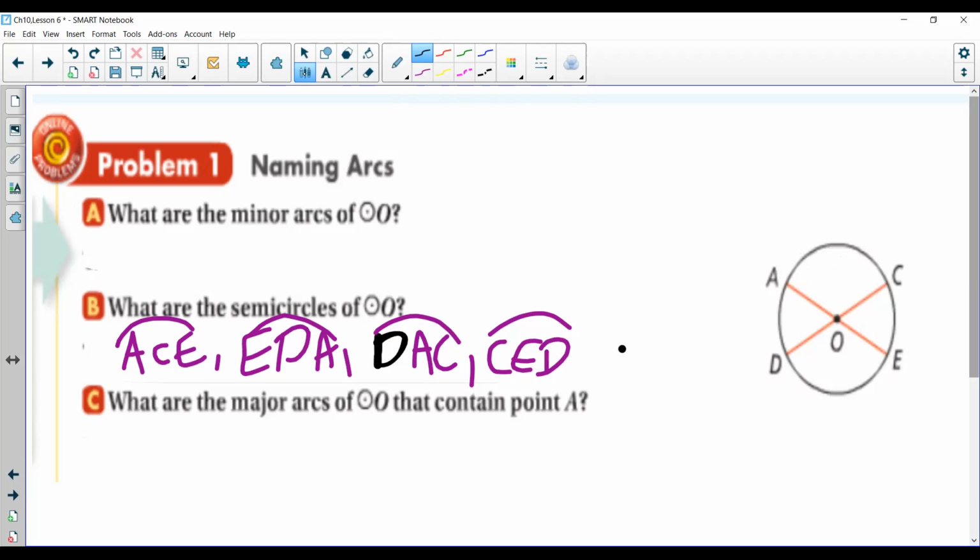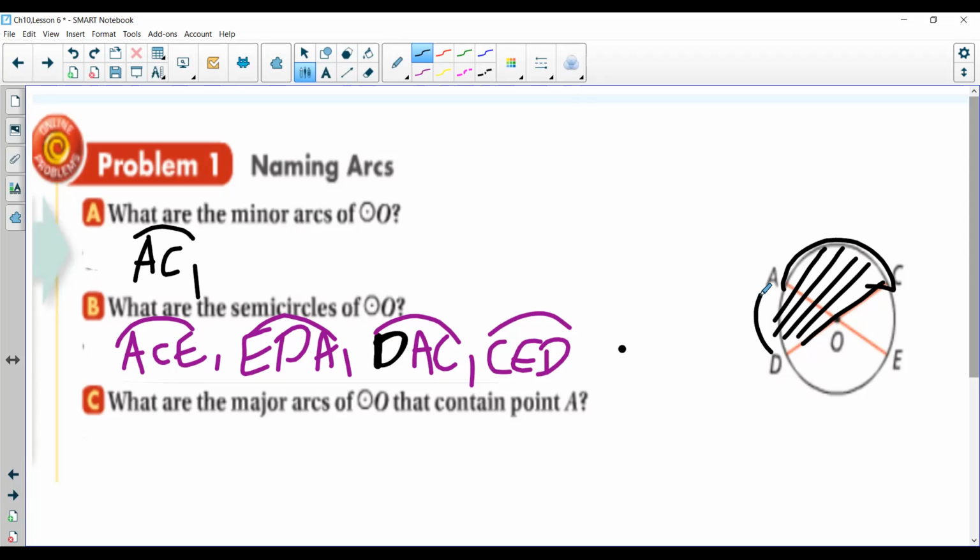Now the minor arcs. As I told you, this is a semicircle. The minor arc is an arc that is smaller than the semicircle. So AC is a minor arc. It must be less than the semicircle. What about DA?